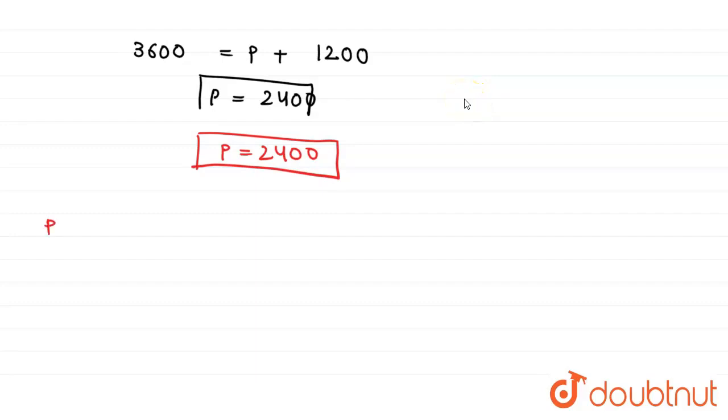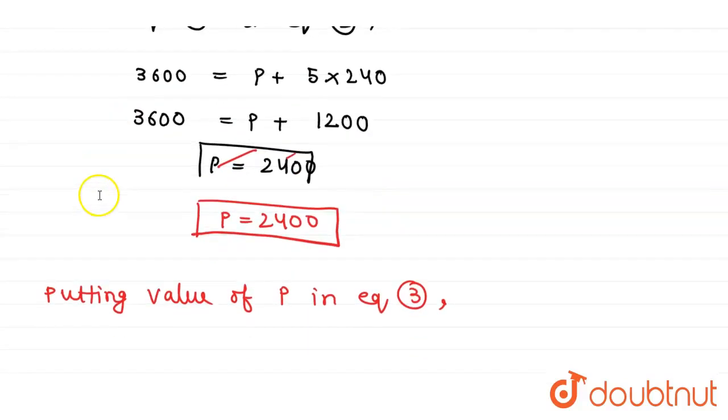So putting the value of P in equation 3, what we will get? PR by 100 is 240. This is equation 3.